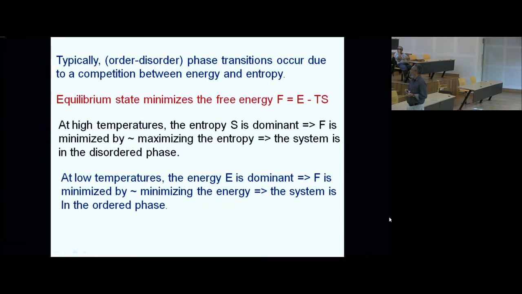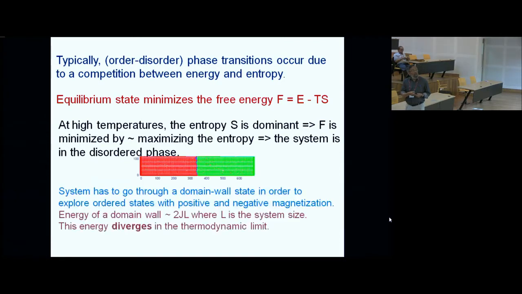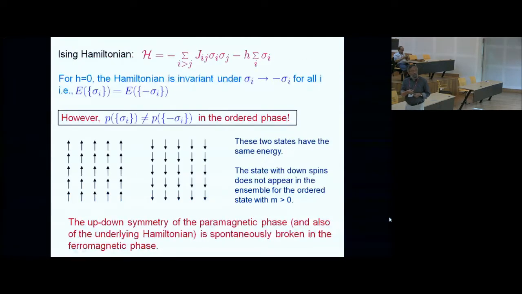That is the surprising thing, that in the thermodynamic limit, although there are different ordered states related to each other by symmetry, the Hamiltonian has an up-down symmetry, so these two states will have the same energy. If I now look at the Boltzmann weight, exponential of minus energy divided by k_B T, that would also be the same in the two cases.